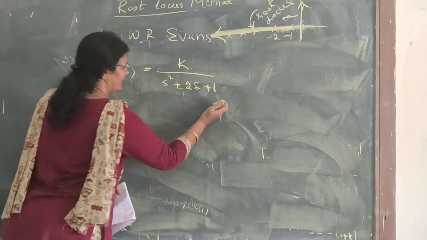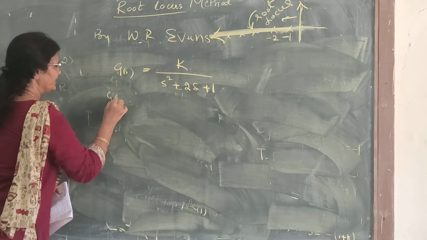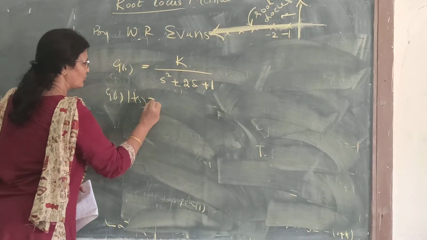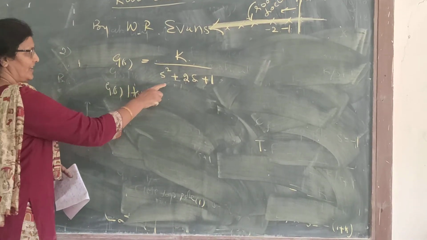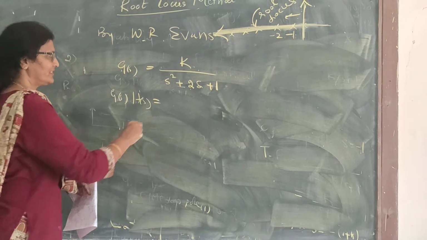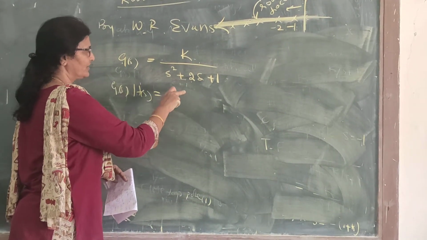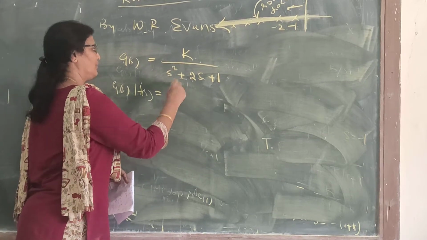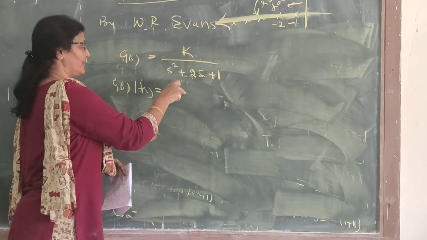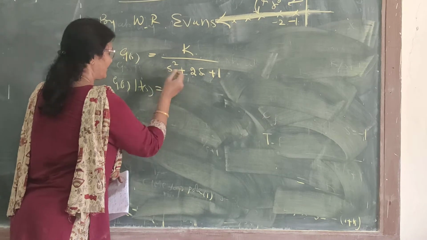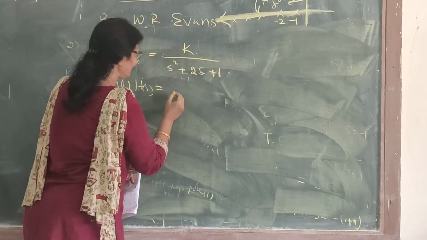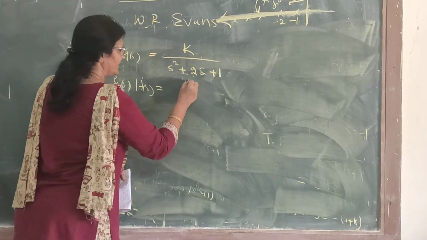Then G(s)H(s) is the open loop transfer function, and these roots we need to evaluate. You can get the pole values directly from this. So this is the open loop transfer function.